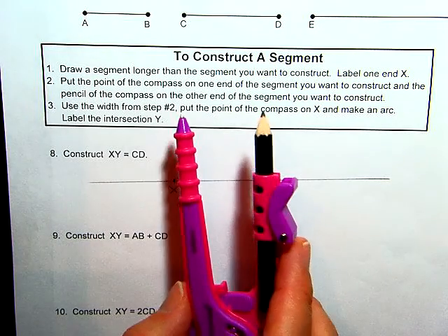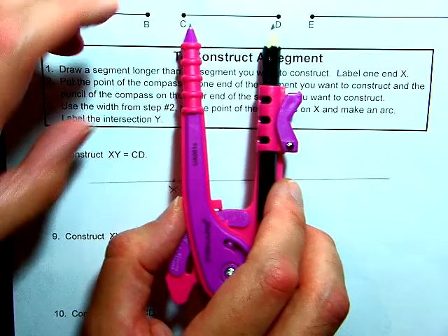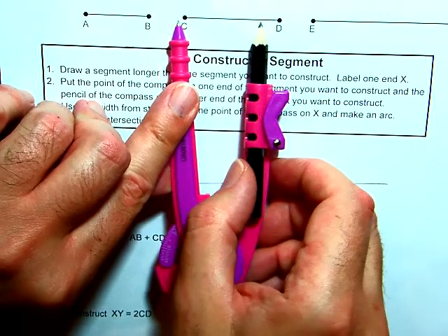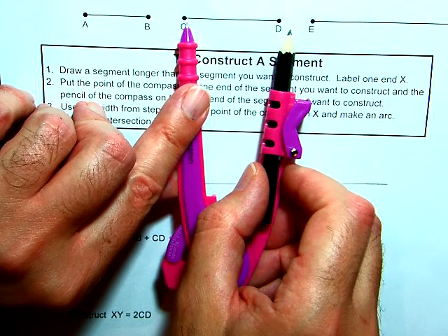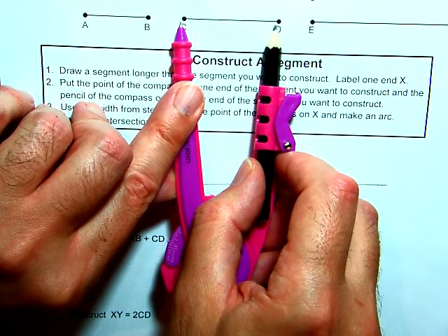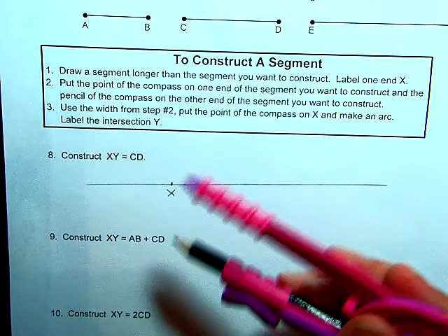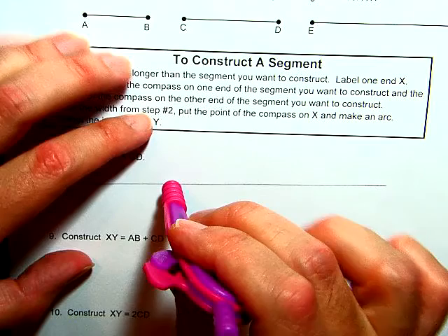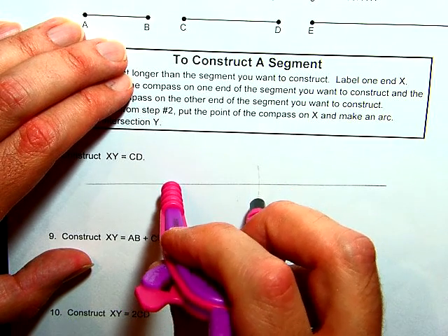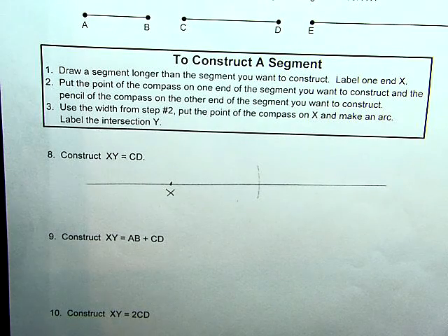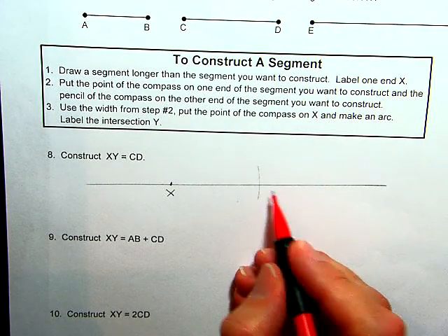I'm going to take my compass and place the sharp point on C, and then move the pencil to D, so that the opening in the compass is exactly the length of CD. Then I'm going to place the sharp point of the compass on X and draw an arc, touching the paper over here, exactly through the line that I've drawn.